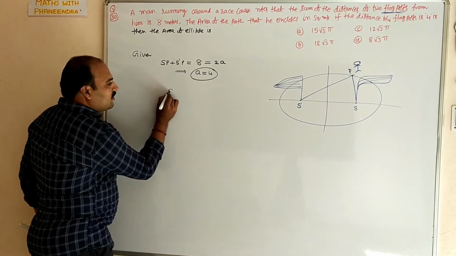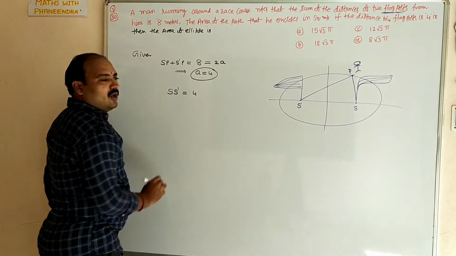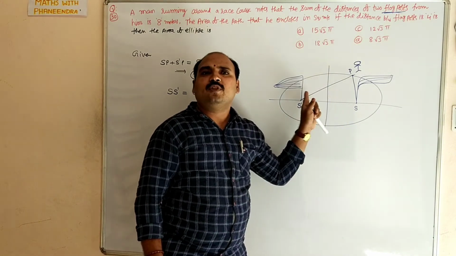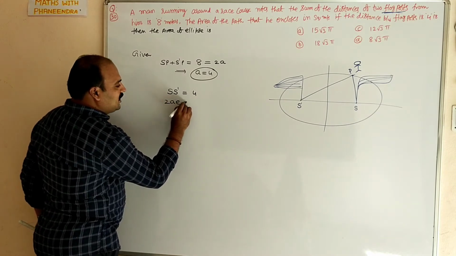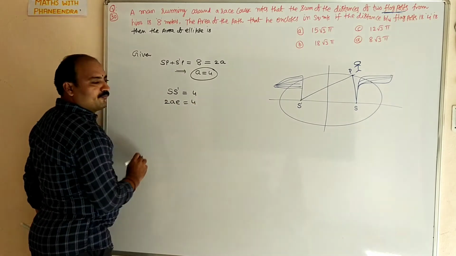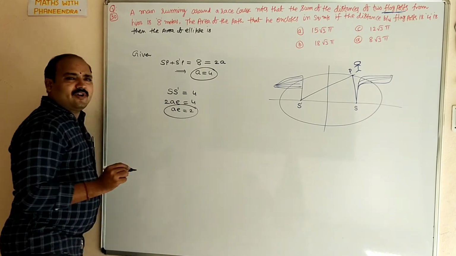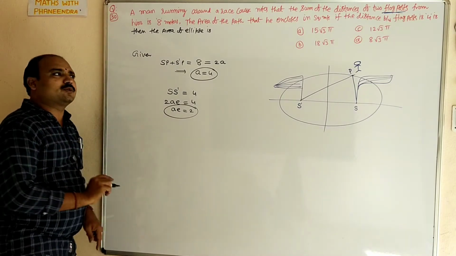Also given SS dash equal to 4 meters. SS dash means the distance between the foci of the ellipse. So 2AE is equal to 4, so AE is equal to 2. Whenever we know the values of A and AE, we need to calculate B square.